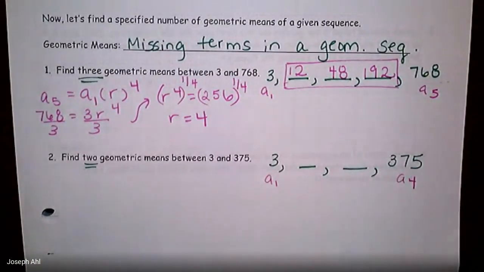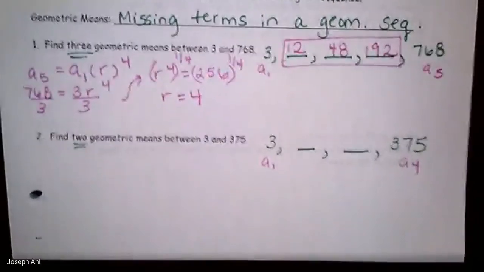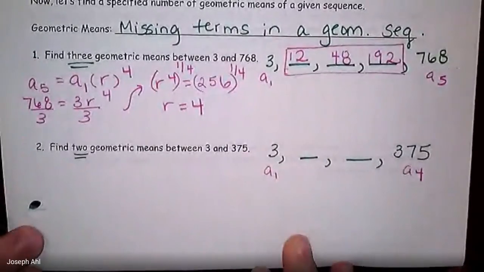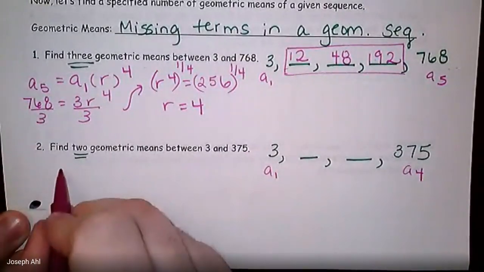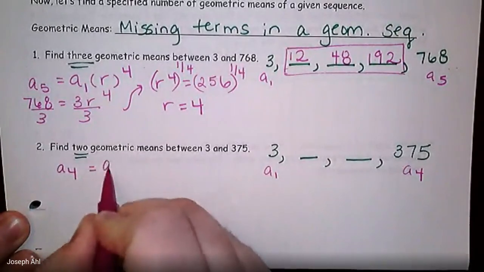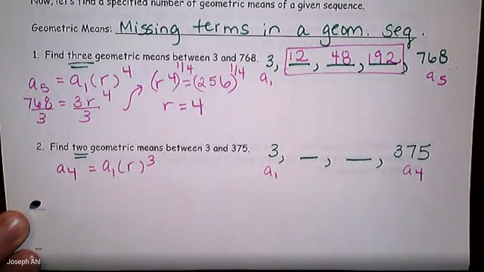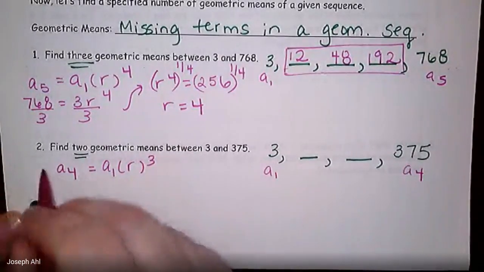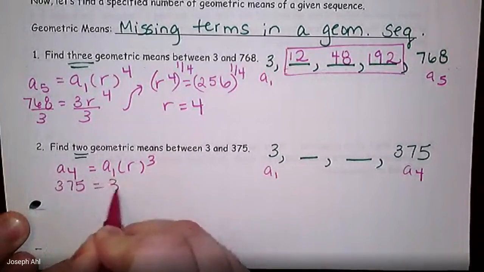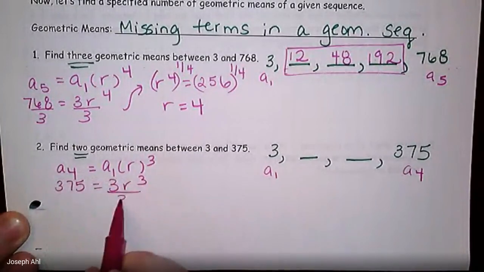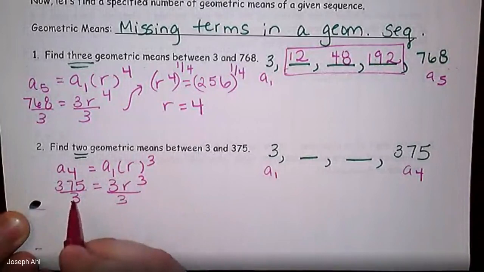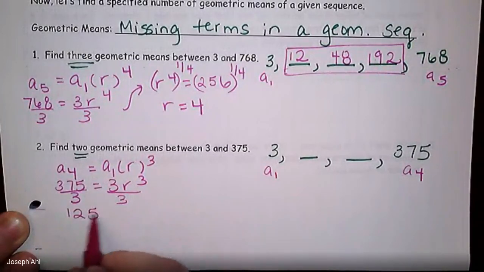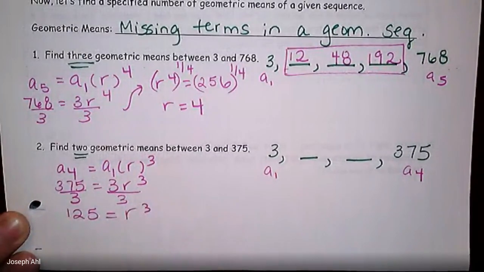So the formula for this case would be A4 equals A1 times R cubed. All right, to get from the first term to the 4th term, we're multiplying by R 3 times. So 375 equals 3 times R to the 3rd. Divide the 3 to the other side. This is going to say 125 equals R cubed.